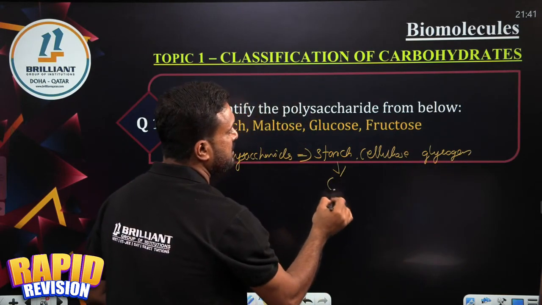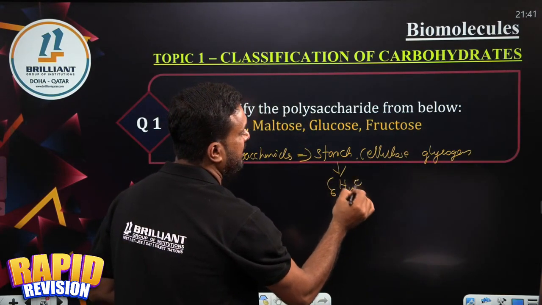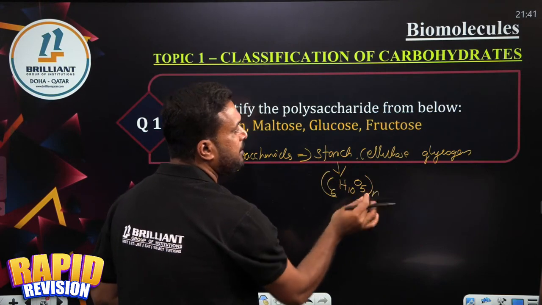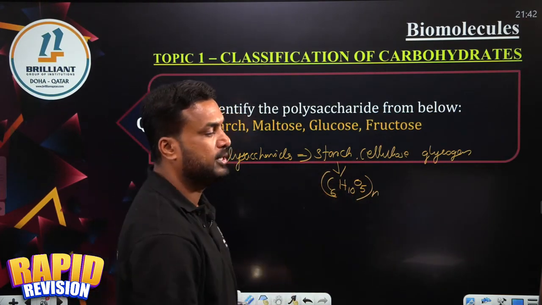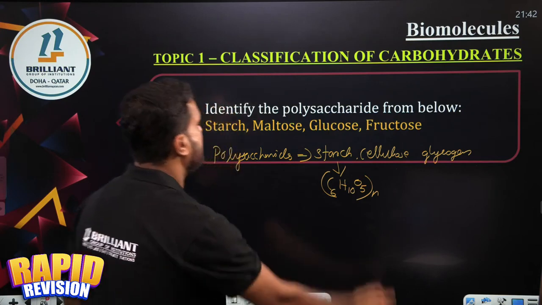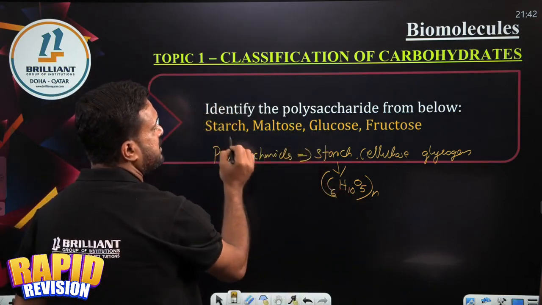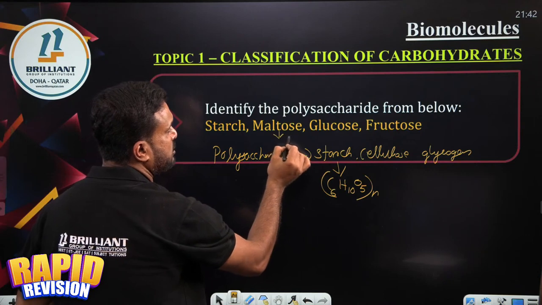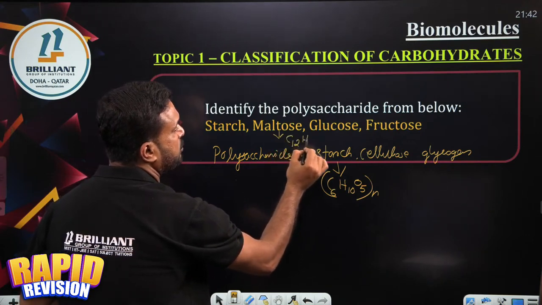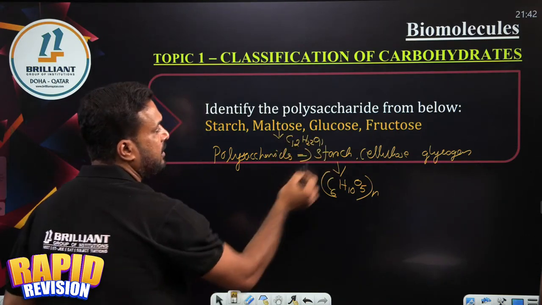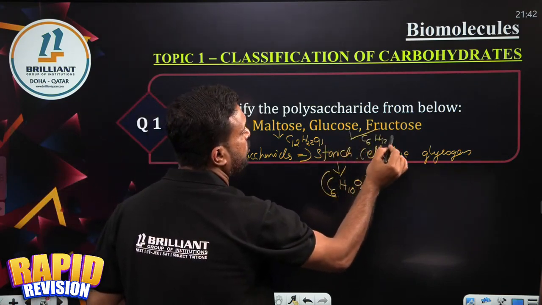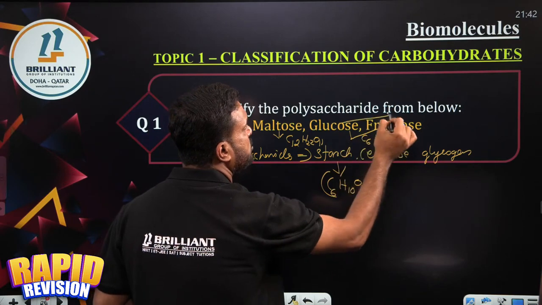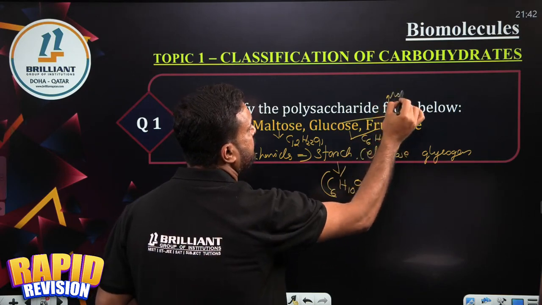Cellulose has the formula (C6H10O5)n, because it's a polymer. Polymer means many molecules combine to form one molecule. Among these, only starch is a polysaccharide. The formula of maltose is C12H22O11. It's a disaccharide. Glucose and fructose have the same formula, C6H12O6, and they are monosaccharides.